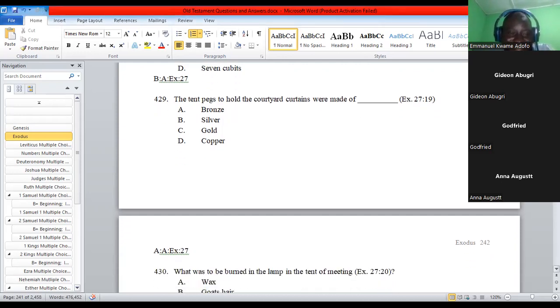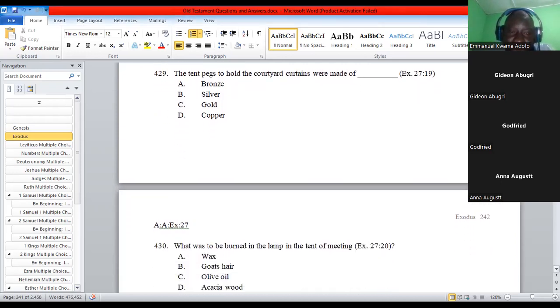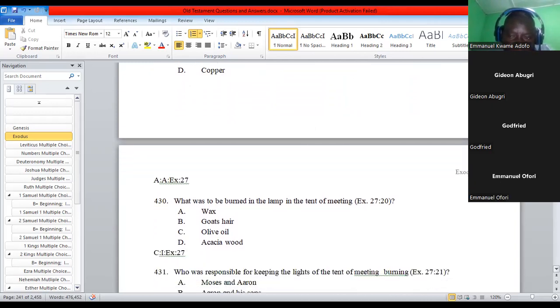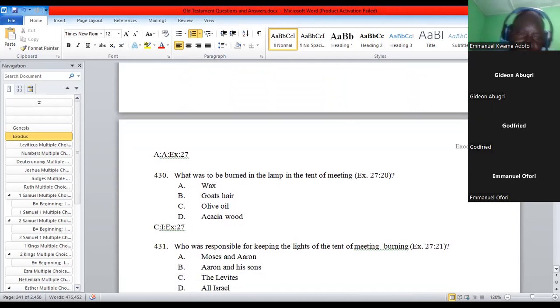Okay, let's continue. What was to be burned in the lamp in the tent of meeting? Verse 20: olive oil. Who was responsible for keeping the light of the tent of meeting burning?